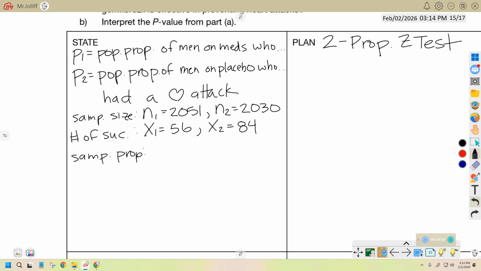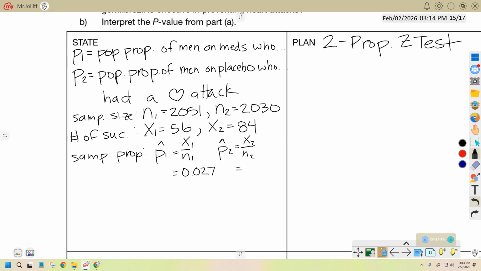Good. I want proportions. P hat 1, P hat 2. I know how to calculate those. That's X over N. I'm not going to write the fraction with numbers because the numbers are right above. So 56 divided by 2051, 0.027.